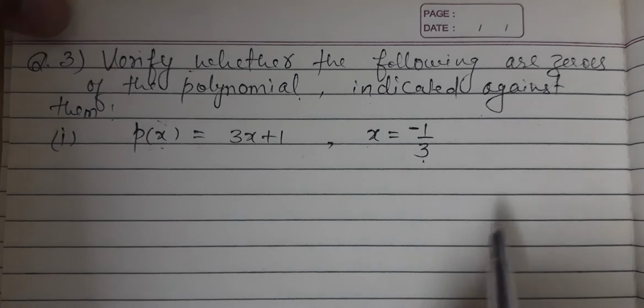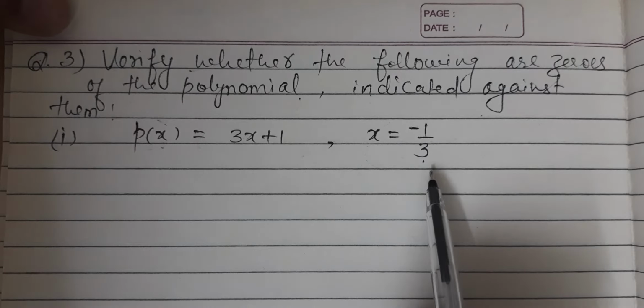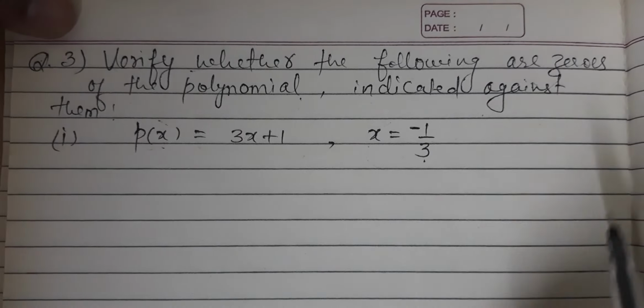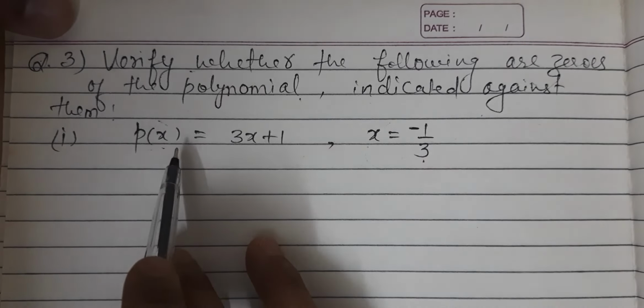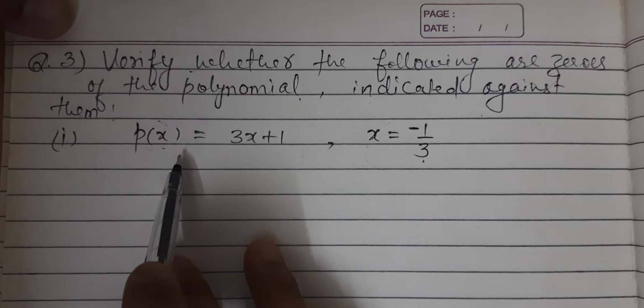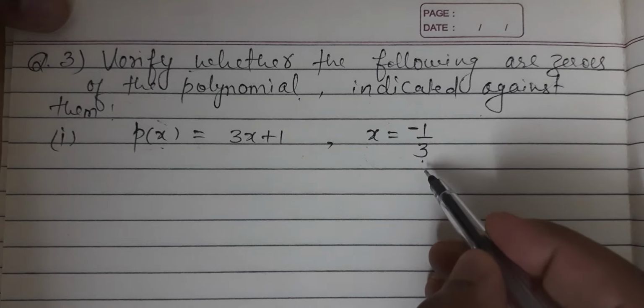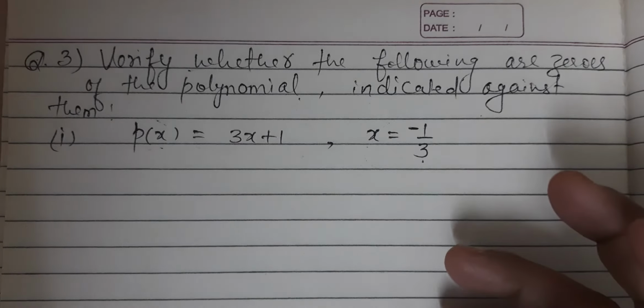Now how to check? So we know the definition of zero. Zero means it makes the polynomial zero. Simple. Okay. So we'll put x equals to minus 1 by 3 here. If the polynomial becomes 0, it means minus 1 by 3 is the zero of the polynomial.